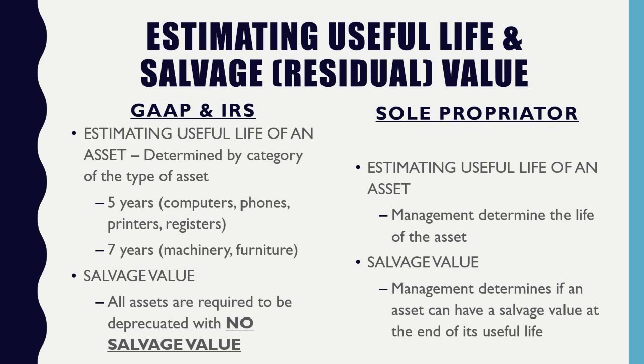So that means what we can do here is that we, as a sole proprietor, get to determine the total estimated useful life of a fixed asset. For example, let's say I buy a printer. I'm only printing maybe 1 or 2 spreadsheets a day.